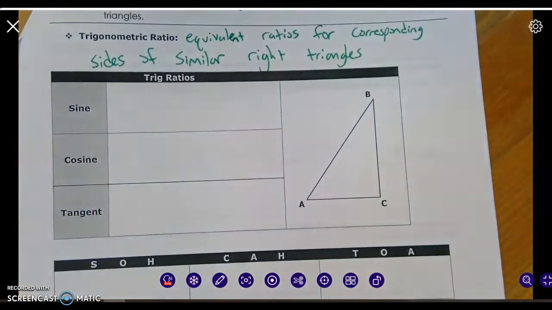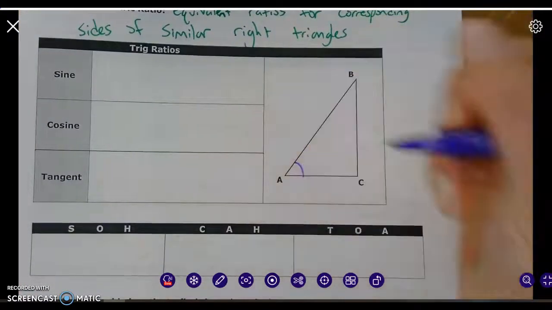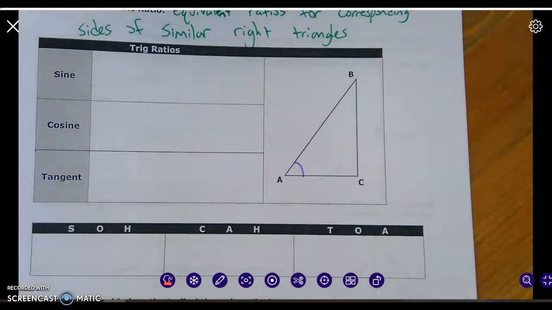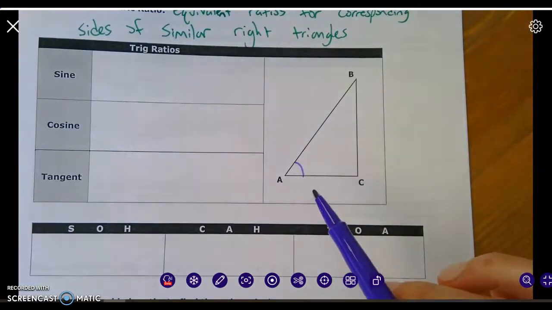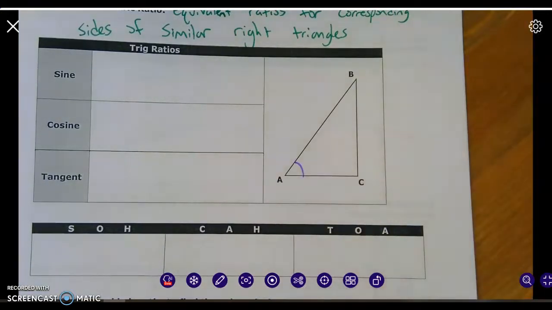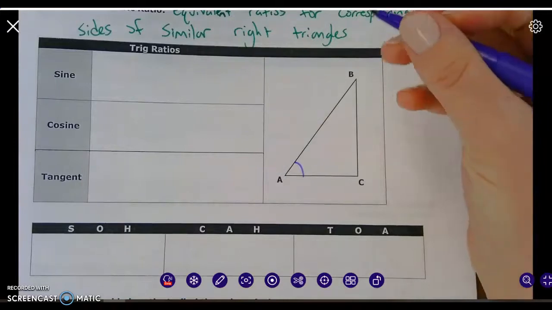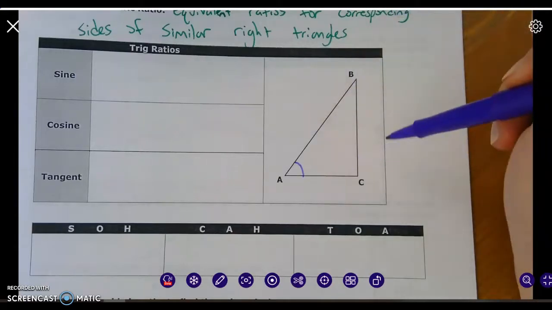Okay, here we go. We're going to start this picture. Put an arc at angle A. That is going to be our reference angle. I probably really won't say that again, but that's just where we're starting. So from there, let's start by labeling where our hypotenuse is. Which side is our hypotenuse?